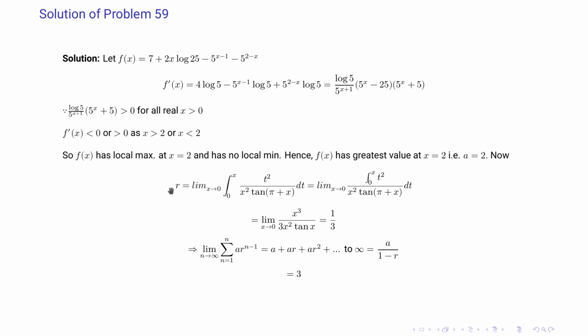Once we have this limit, we have our r. So once we have r and once we have a, we apply the sum formula, and n is tending to infinity, so it is the sum of a GP, which is equal to a by 1 minus r. a is 2, and r is 1 by 3, so we substitute 2 by 1 minus 1 by 3, which is equal to 3.